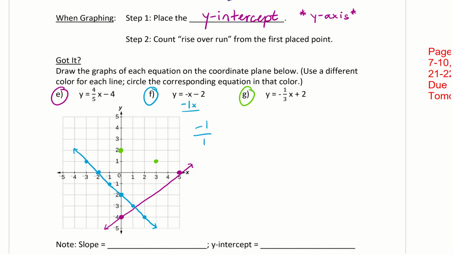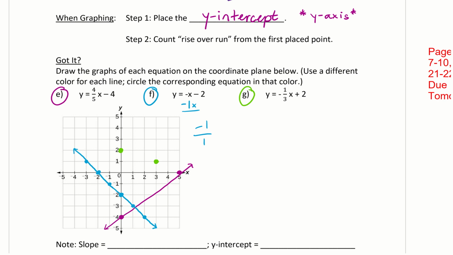Okay, and then here, since we can't go any further without going off the edge of the graph, what I'm going to have you do on these problems is go back to your y-intercept, and you're just going to go the exact opposite direction so that it still makes a straight line with your other point. So instead of going down 1 from your original point at 0, 2, you're going to go up 1.